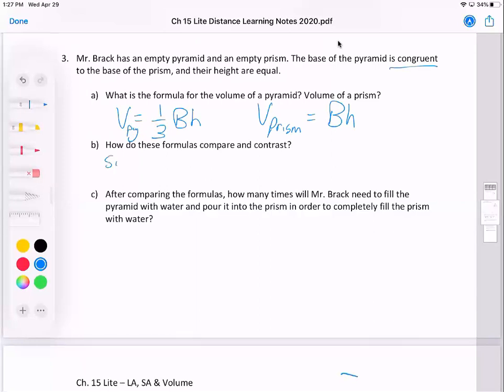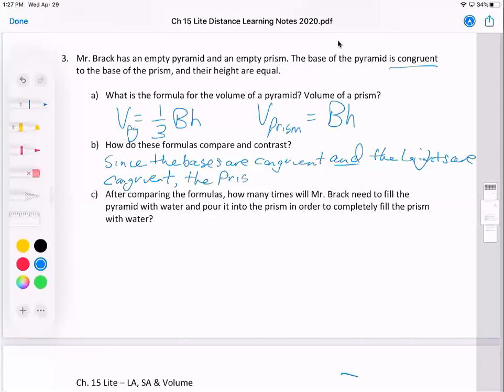Well, since the bases are congruent, and the heights are congruent, the prism is 3 times the volume of the pyramid. You could also say the pyramid is 1/3 of the volume of the prism.